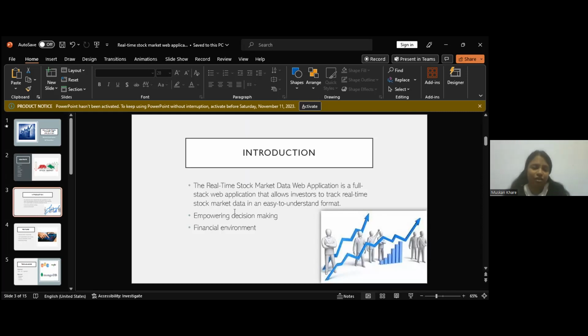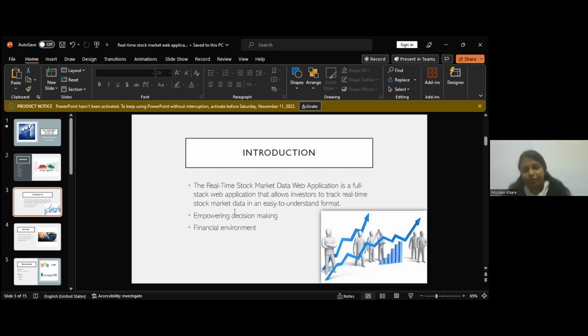Now, first of all, introduction. The real-time stock market data web application is a full stack web application, which is especially good for beginners, those who are new to the stock market and don't know how they can start trading. They can use this web application in a very easy to understand format.